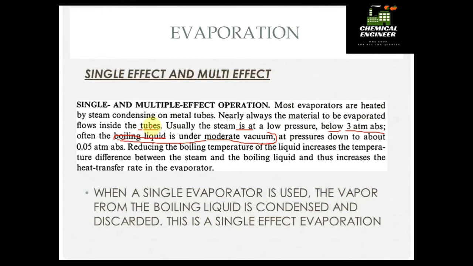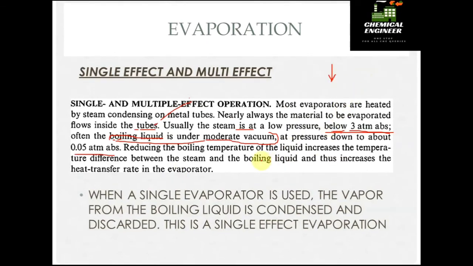Why is it passed through the shell side? That is what we have covered in our heat transfer course. Okay, so always on the tube side we pass the substance that is to be evaporated. Generally these are the steams available for evaporation.